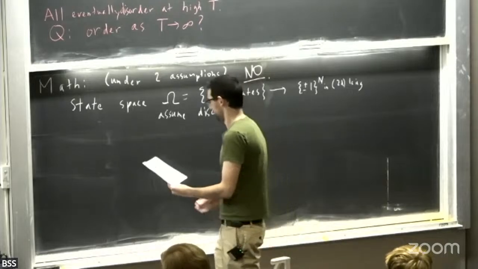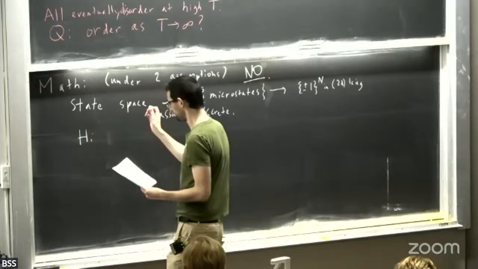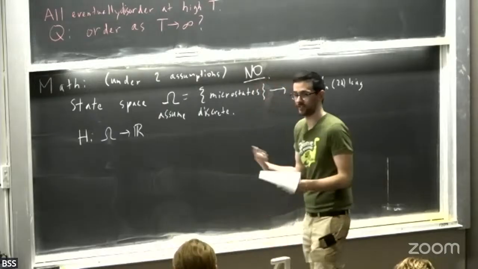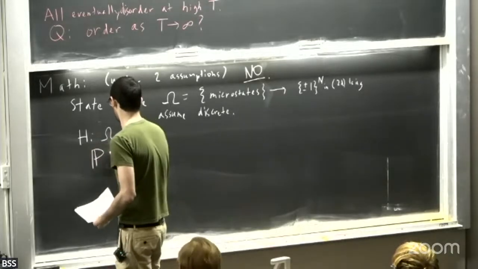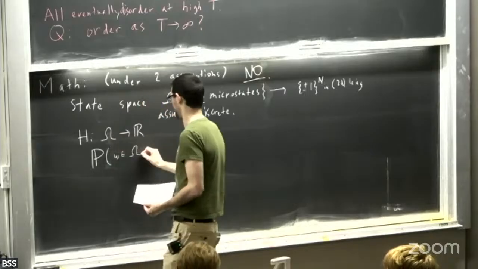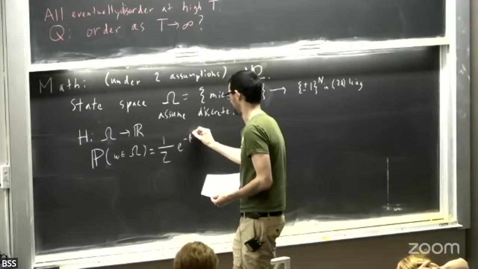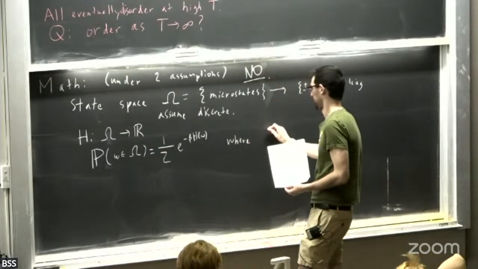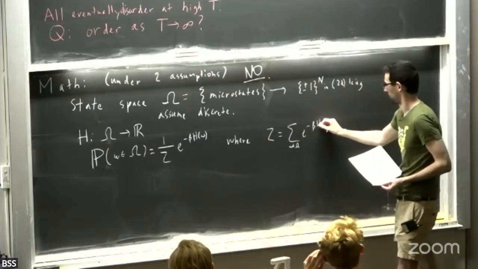Okay. Then, to specify the Gibbs state, I give you a Hamiltonian or an energy function. So for each microstate, I tell you what its energy is. And basically for each of the states in this space, its probability is just 1 over Z, e to the minus beta H, where Z is the usual partition function.